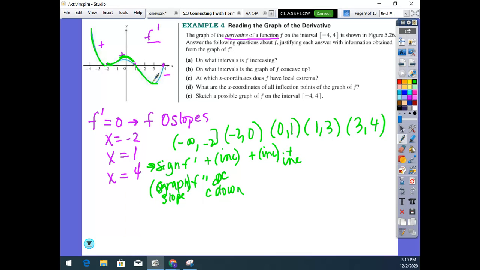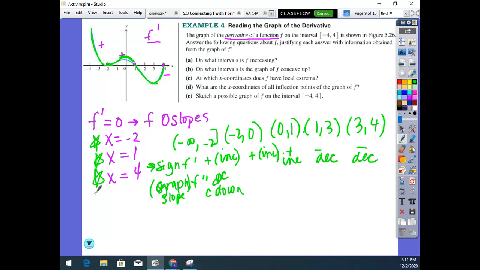But from 1 to 3 and 3 to 4, f prime is negative. That means my function is decreasing. So it's increasing the entire time until I get to 1, then it's decreasing. And I have 0 slopes at negative 2, 1, and 4.